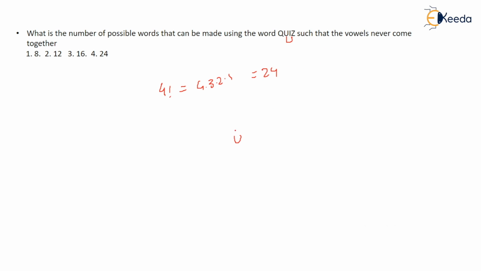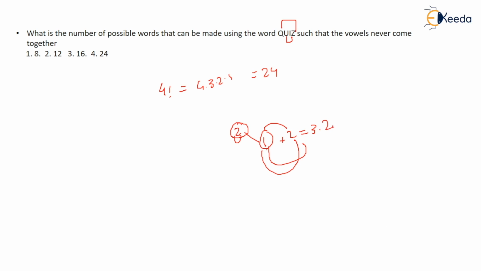So two vowels can be treated as one unit, and the two other letters can be treated as two different units. So total is how much? 3 units. And these 3 units can exchange their positions, and the two vowels together can exchange their positions, right?